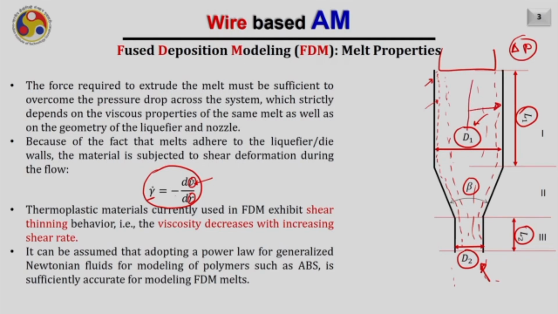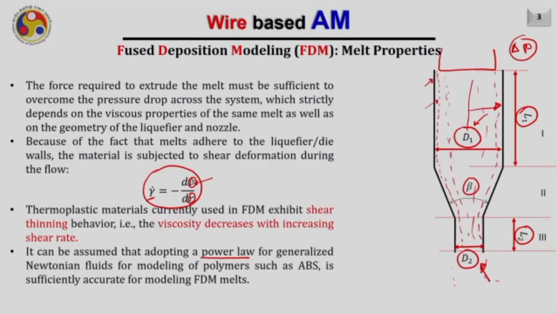The thermoplastics typically used in FDM usually exhibit shear thinning behavior. That is, the viscosity decreases when we increase the shear rate. It can be assumed that adopting a power law for a generalized Newtonian fluid for modeling polymers such as ABS is sufficiently accurate for modeling FDM melts.